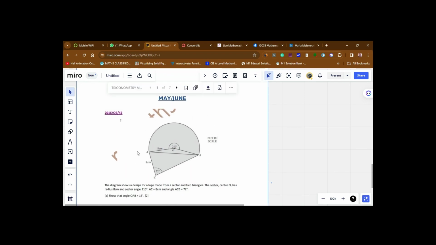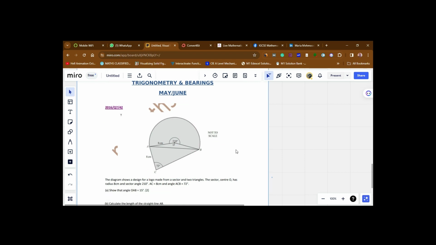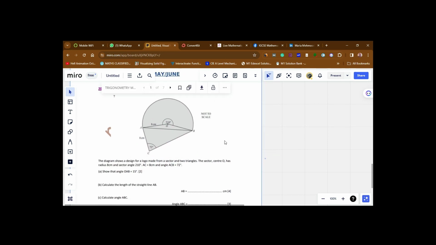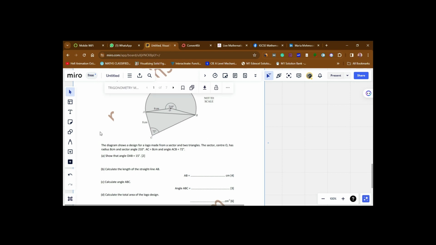So you see, I've just collected a couple of questions from the May June. I've just maintained them in a topical order. Now you can see here a figure. They have just given a little description of this figure. It's a logo design made from a sector and two triangles.